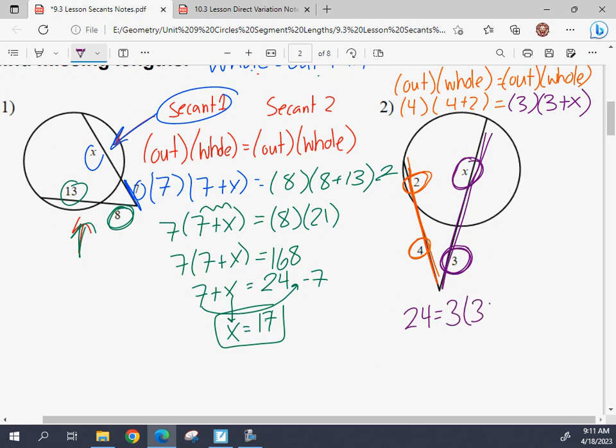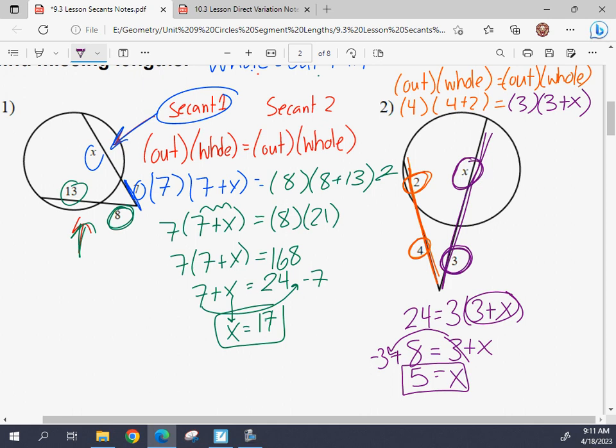And that's just going to stay 3 times 3 plus x. Remember, I can't put those together. I'm going to divide both sides by 3 and get 8 on the left and 3 plus x left over on the right. I'll move that over here to be a negative 3. And so I get x to be 5.